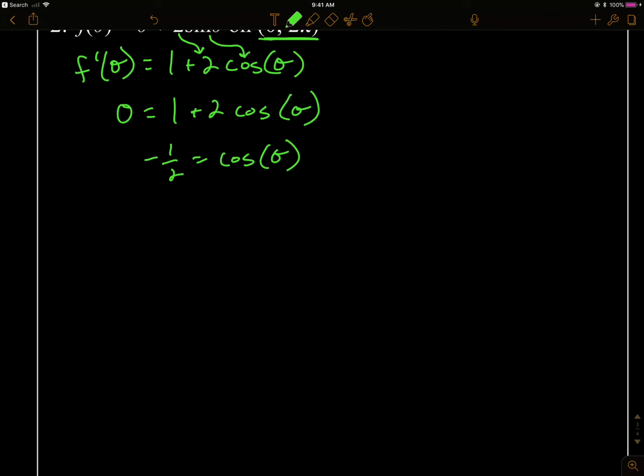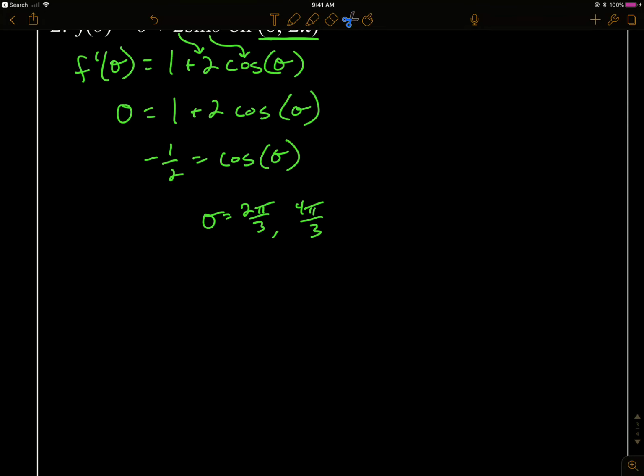So it looks like it's going to be, I think, 5 pi over 6 and 7 pi over 6 or something like that. Let me think. Oh, no, 1/2 is the short one. So it's going to be 2 pi over 3 and 4 pi over 3. Yeah. So theta is going to be 2 pi over 3 and 4 pi over 3.